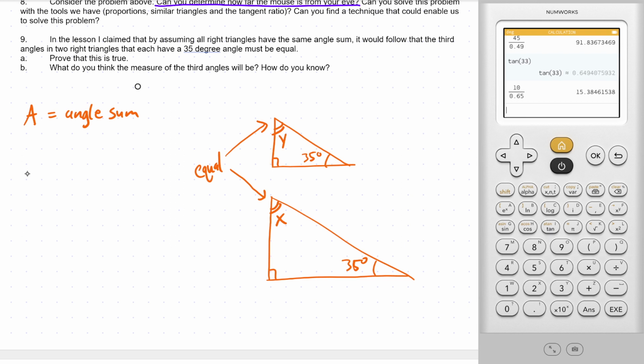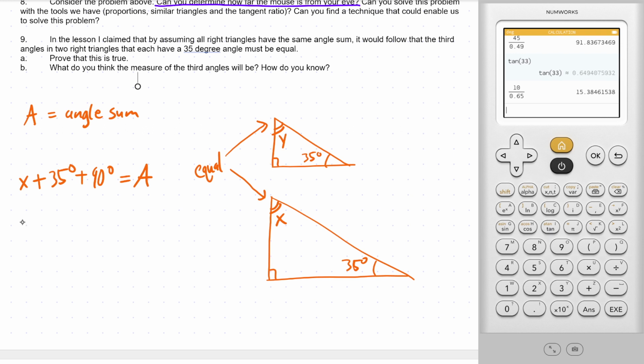Okay, well, we know that x plus 35 degrees plus 90 degrees, which is the right triangle, is equal to A, the angle sum of all right triangles, because I'm saying all right triangles have the same angle sum.